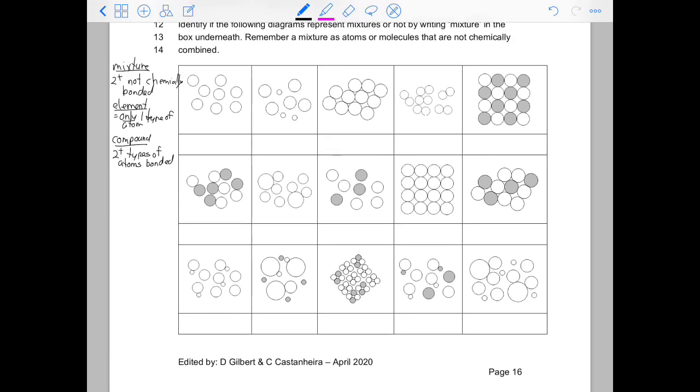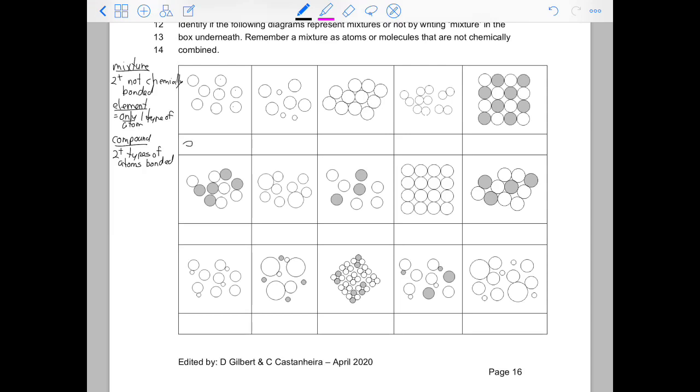So looking at these 15 boxes here, some of them are mixtures, some of them are elements, and some of them are compounds. So I'd like you to go through and try to label the differences between them. So I'll give you an example of each. So this first one here, you'll see they're all one type of atom. The circles are all the same size and they're all the same color.